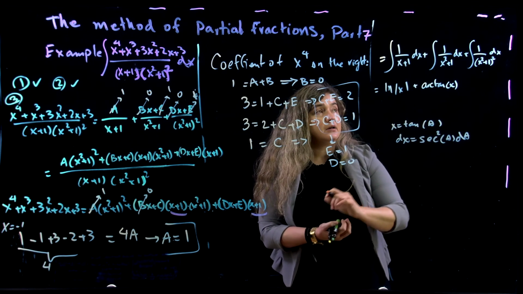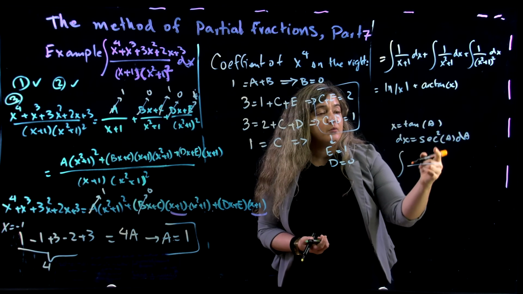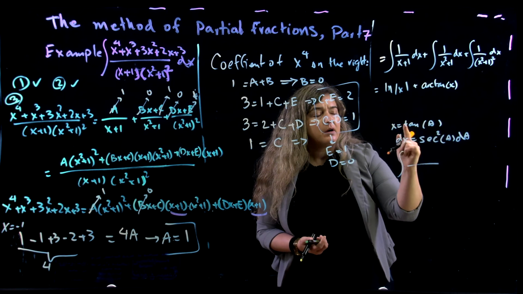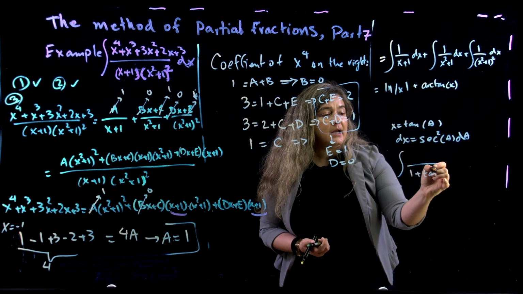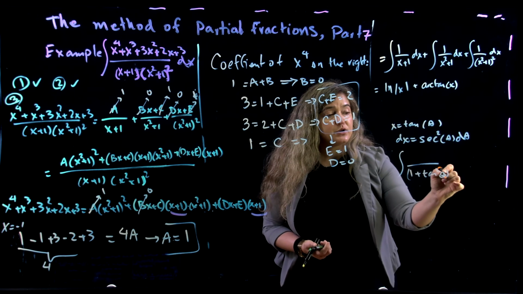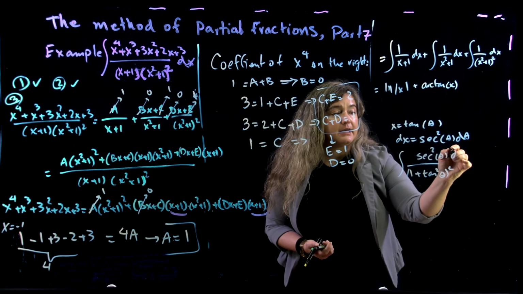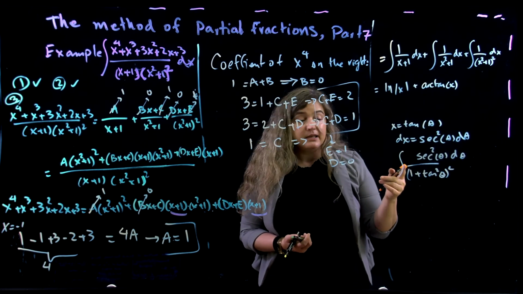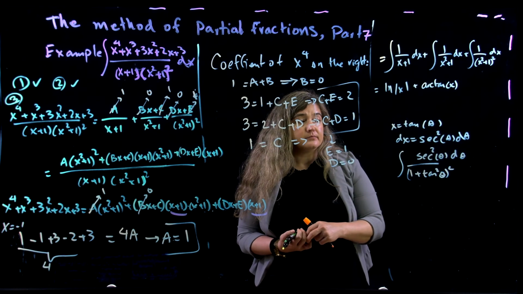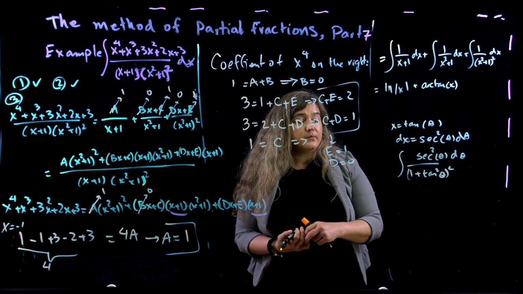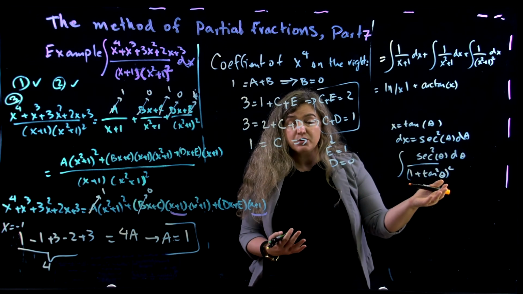By replacing those, in the bottom I would get 1 plus tan squared theta to the power 2, and secant squared theta d theta. Recall that secant squared theta is actually equal to 1 plus tangent squared theta.